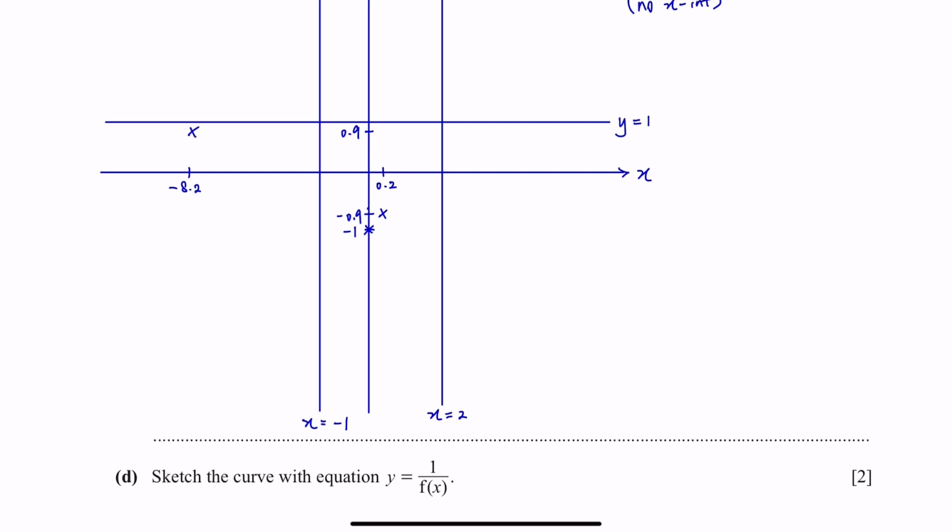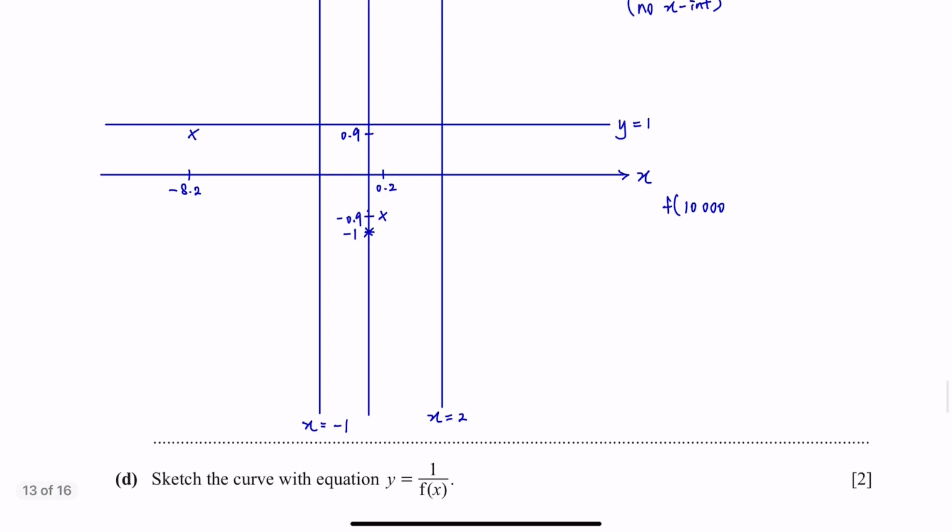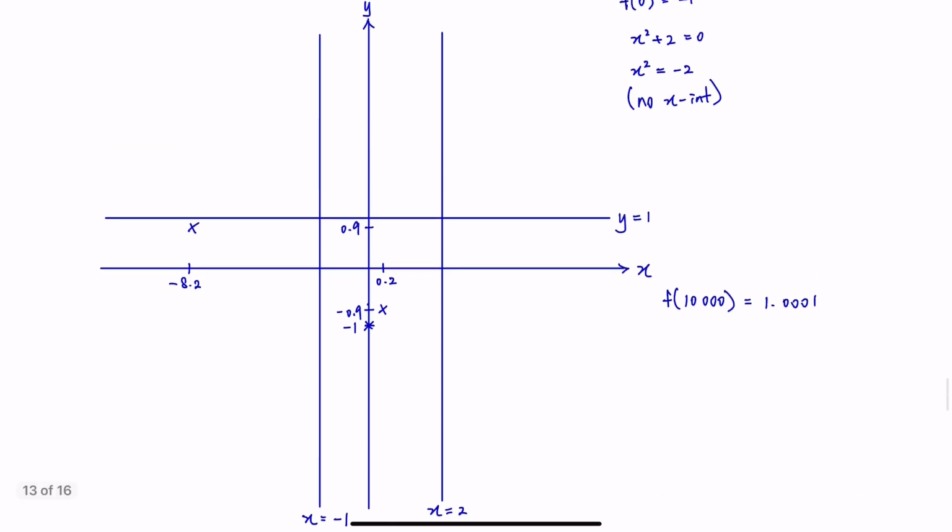So instead of using infinity, let's use 10,000. So we get 1.0001. That means when x is going towards infinity, y is very near to 1, which is around this area.